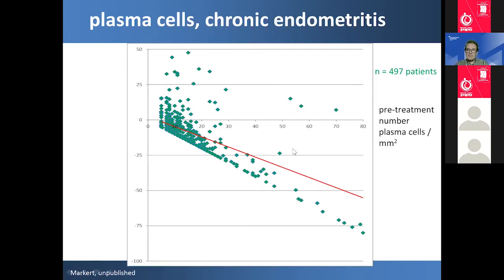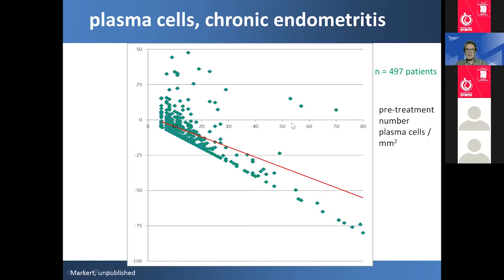Then we have compared the number of plasma cells before a treatment and after a treatment. So this is the pre-treatment number. So starting from 5, this is what we say is a sign for chronic endometritis, and then up to 80 plasma cells here.